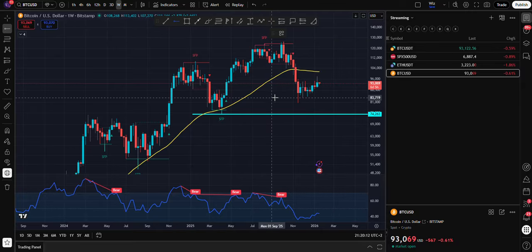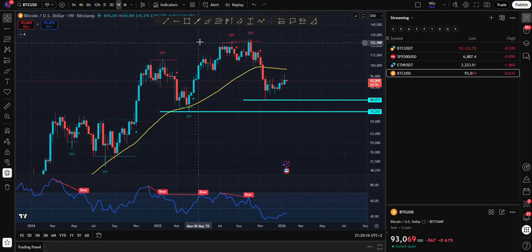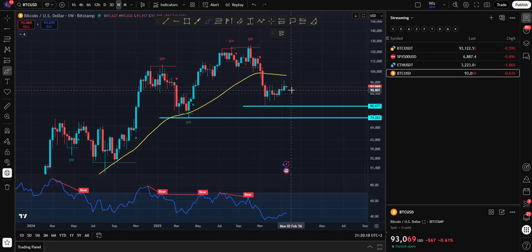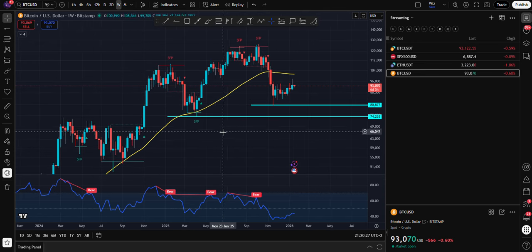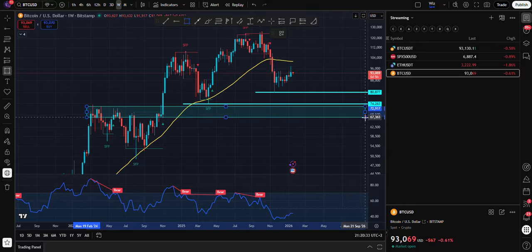So either here or here we'll definitely see a strong reaction, where I'm willing to add into swing long positions and spot as well. If not, none of these hold.